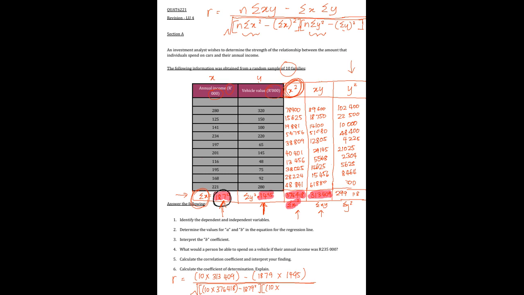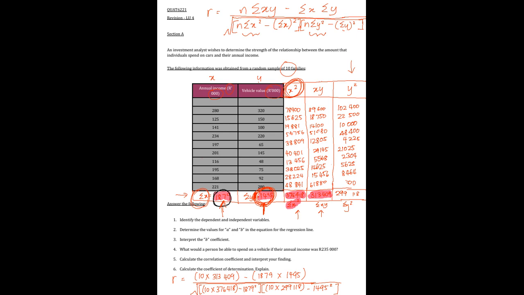So the sum of y squared is 299,118, and then it's minus the sum of y, which is here, and that's 1495 squared. And you will close off that square bracket. Sorry, I see that there's a 2 here. It's not supposed to be there. It should be the sum of y. Okay, so that's 1495. And now you have everything that you need for the calculation.